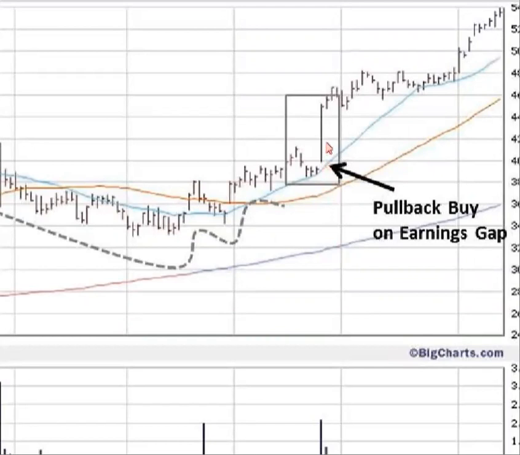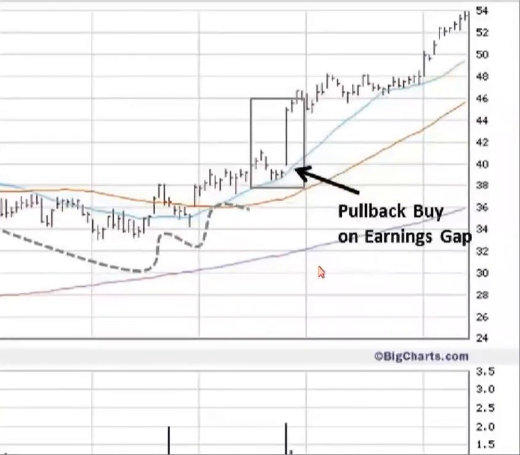So if you're going to buy a pullback buy on an earnings gap, make sure you're not paying up for it, so you create a big negative space that it might have to fill and put you at a big loss right away. And then you're going to want to see it move right away in your direction. So like any other situation, I'd probably set the stop just below these lows right here.